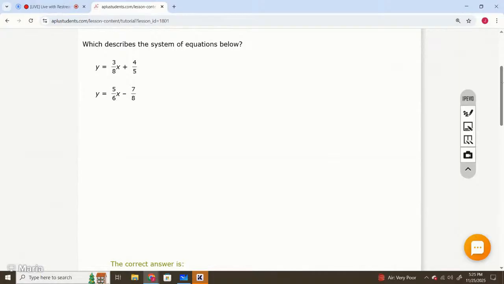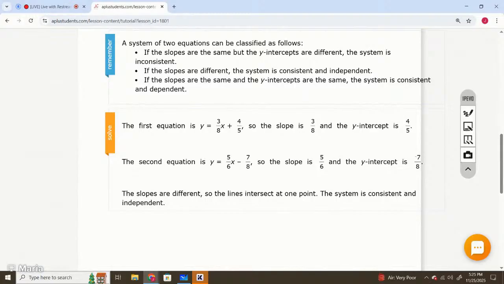So both the equations have different slope and different y-intercept, right? You can see here the first equation is y equals 3 by 8x plus 4 by 5. The slope is 3 by 8 and the y-intercept is 4 by 5. The second equation is y equals 5 by 6x minus 7 over 8.